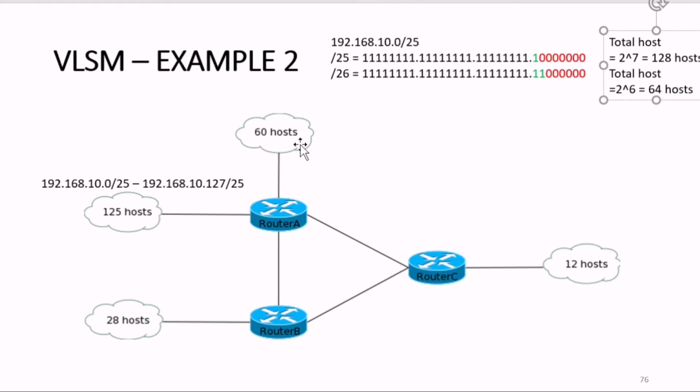So it nicely fits here for this local address, which requires 63 IP addresses. If you use /25, it will waste up to 65 addresses. So that's why we choose /26.